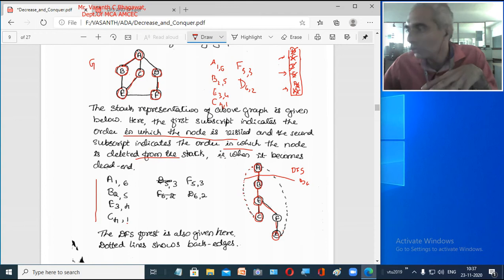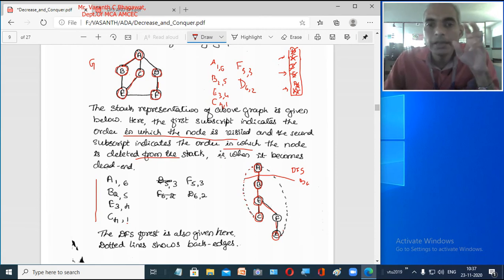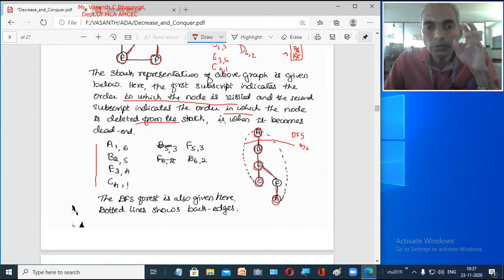See, A to C also an edge is there. But here it is not marked, so you draw that with a dotted line. So you have got a dotted line from A to C also. So this is how we construct a DFS forest.